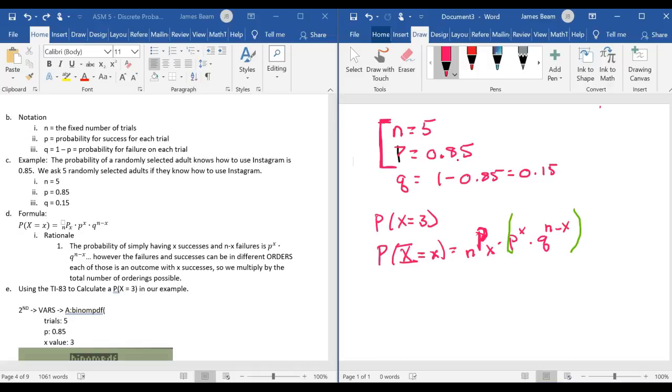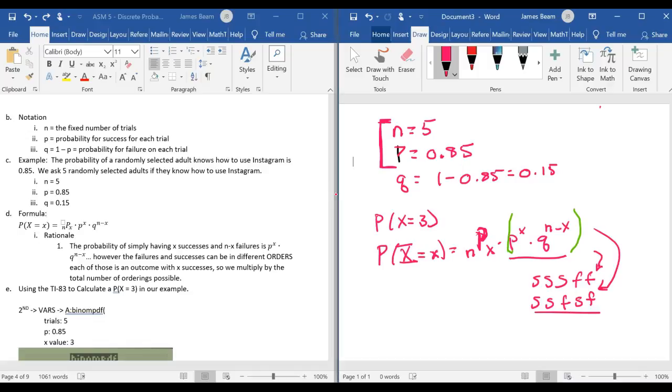This is the problem. In my trial of 5, I could have success, success, success, fail, fail, and this would give me the probability of that happening. But I could have success, fail, success, success, fail, and this would give me the probability of that happening. I have a probability of either of these happening. So how many different combinations do I have?